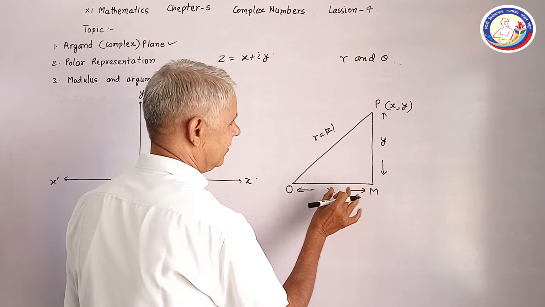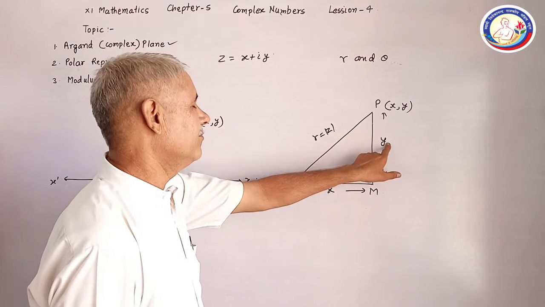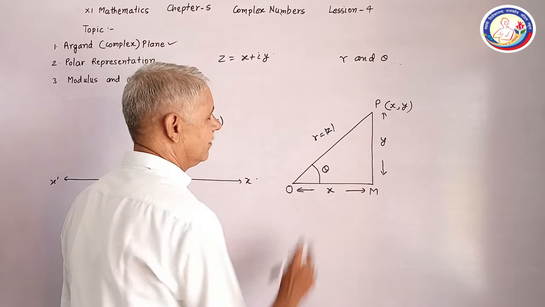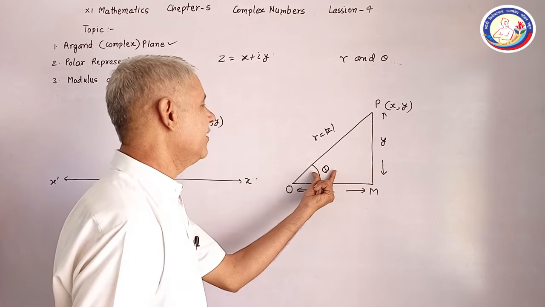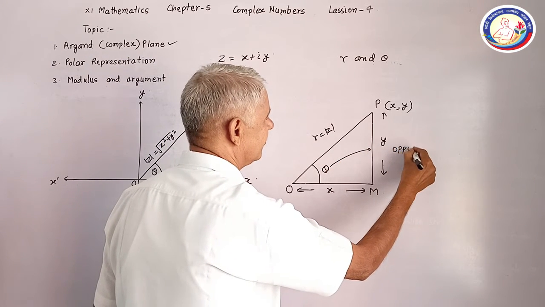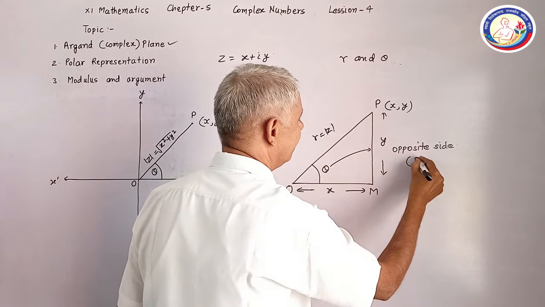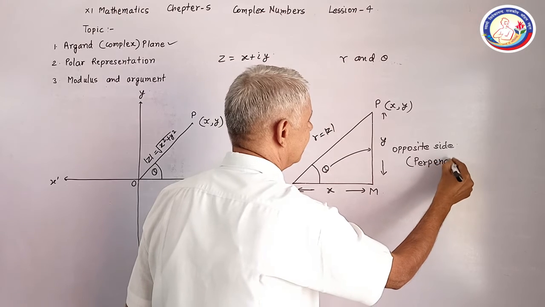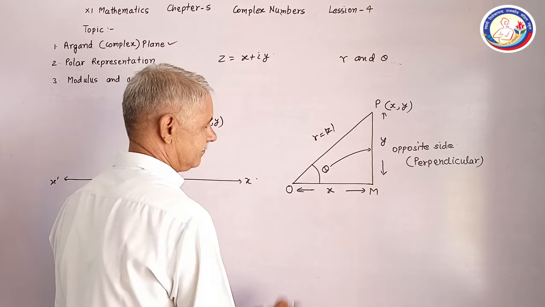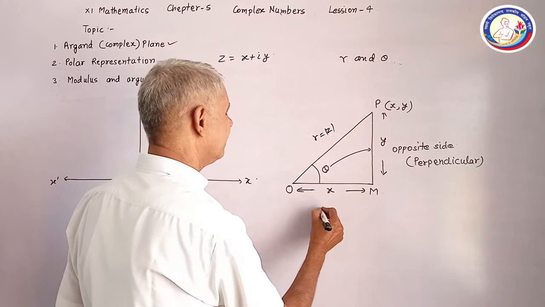This is the x coordinate, or first part of the ordered pair, and this is the second part of the ordered pair. This angle is theta. If this angle is denoted by theta, then the opposite side will be this side and we call it perpendicular. And this side, which is a part of this angle theta, is called the adjacent side.